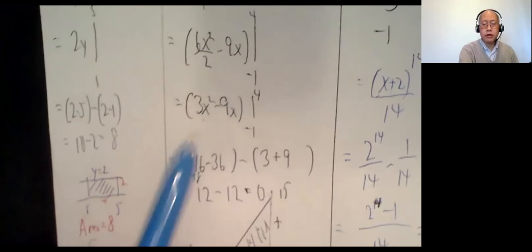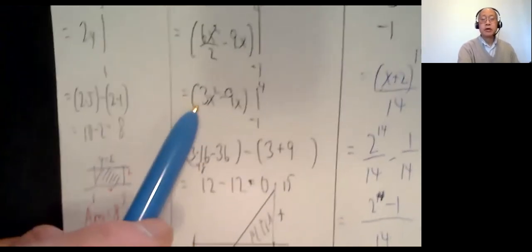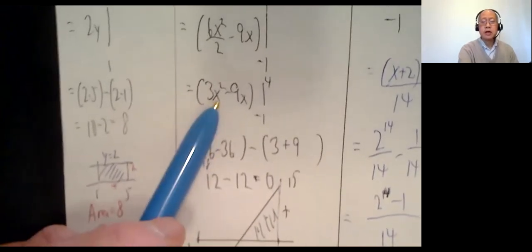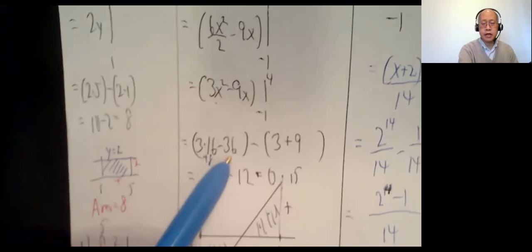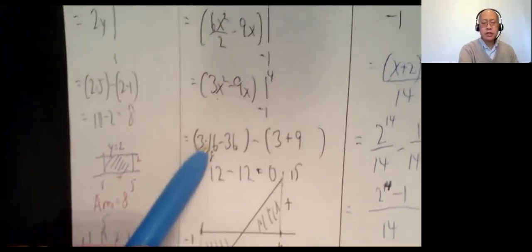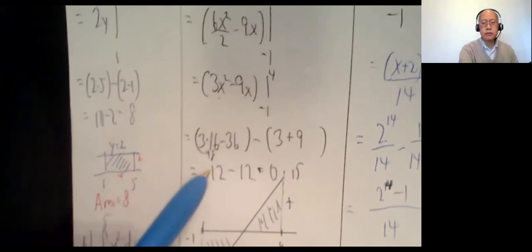Okay, plug in 4 in parentheses. Plug in -1 in parentheses. Okay, 4 squared is 16. So I have 3 times 16 minus 9 times 4 is 36. Okay, clean this up. 3 times 16 is 48. 48 minus 36 is 12.